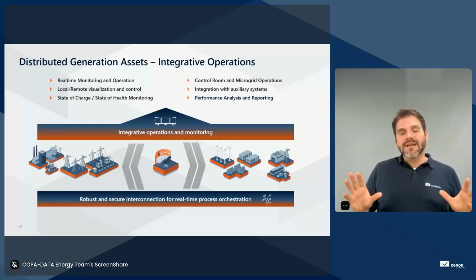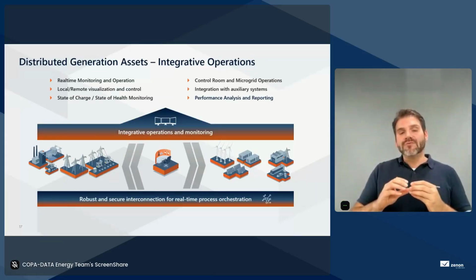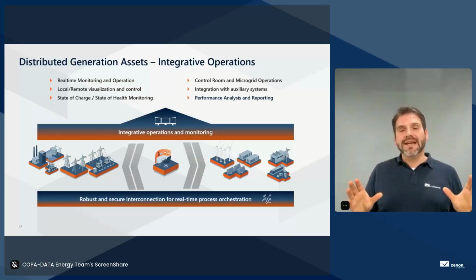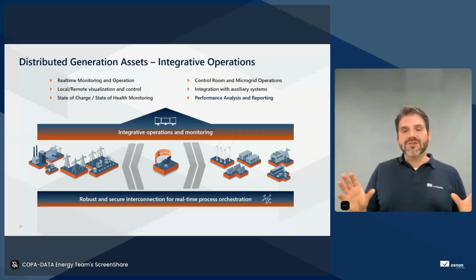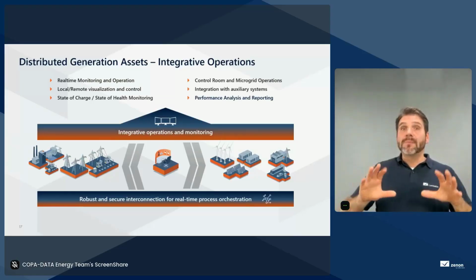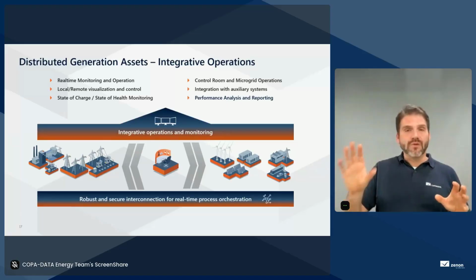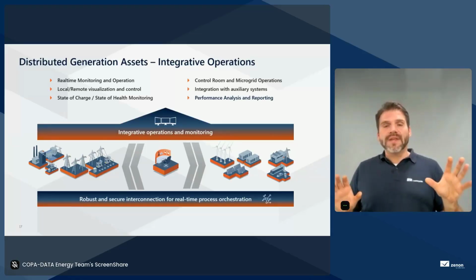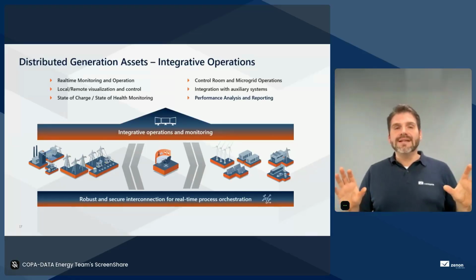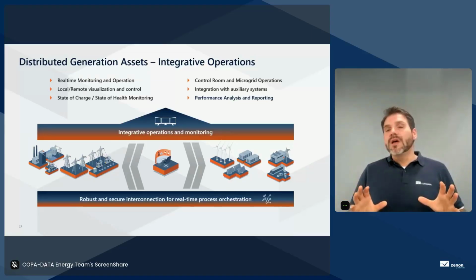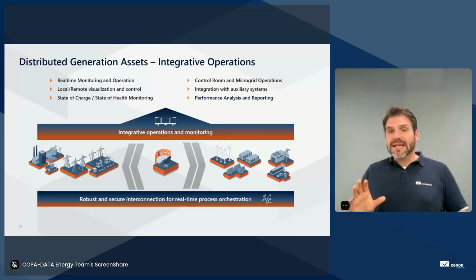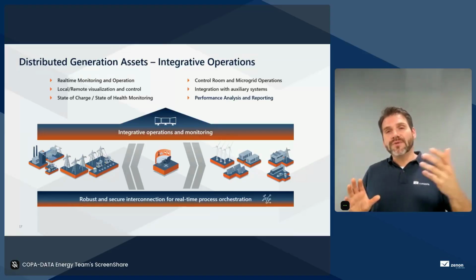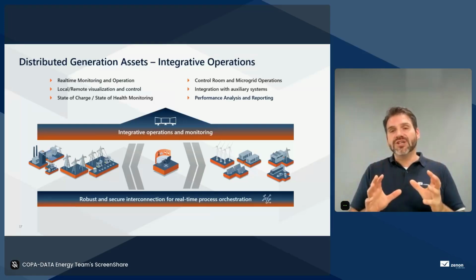Essentially, the zenon software platform is building a robust and secure interconnection layer, integrating all the assets you have in diverse plants, in substations, solar PV, wind power, and so on, and making it possible to, for example, do local visualization and local control, but also remote and central visualization and operations management.